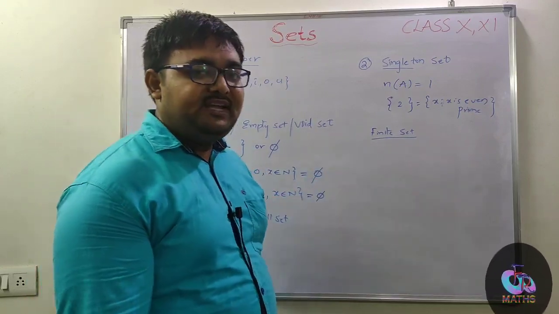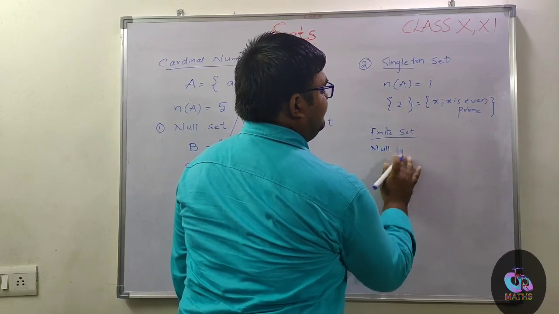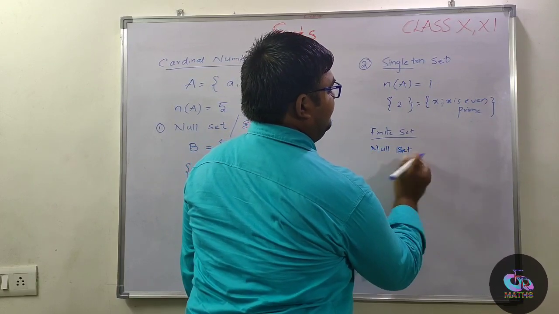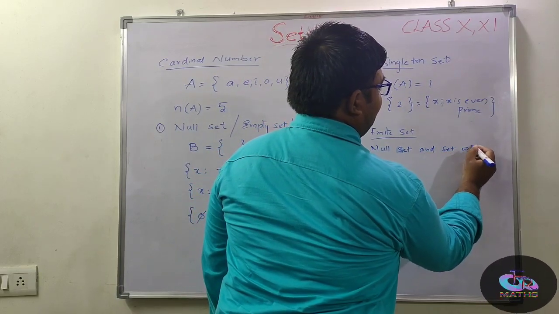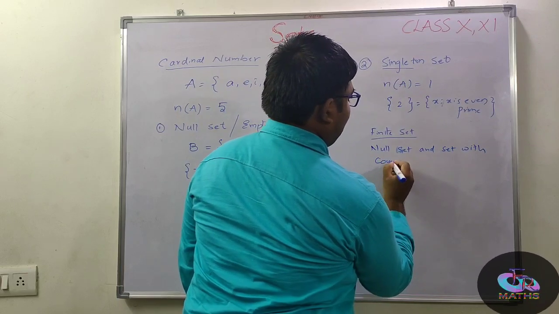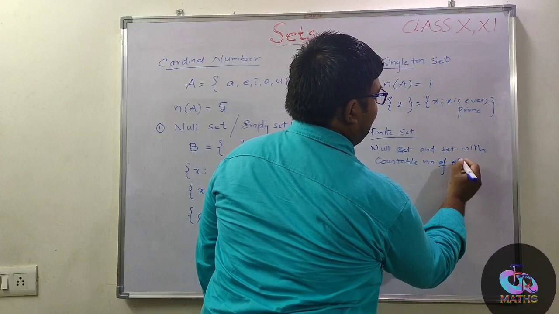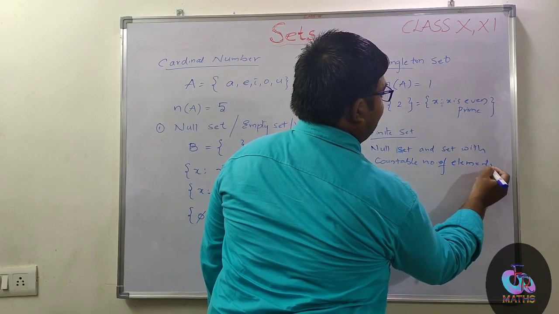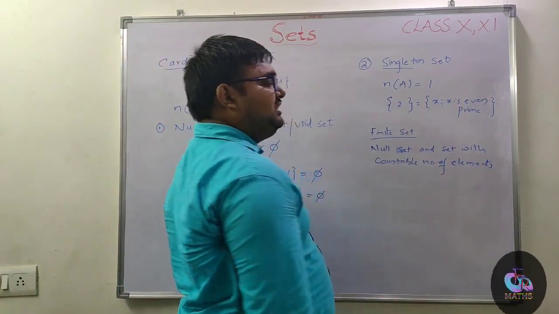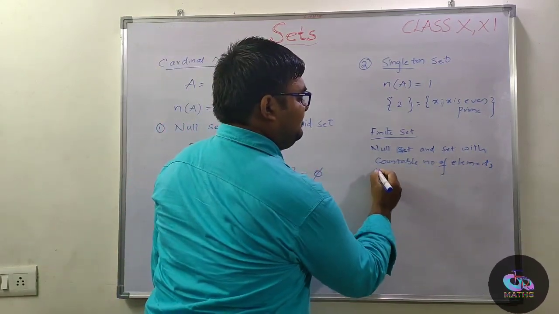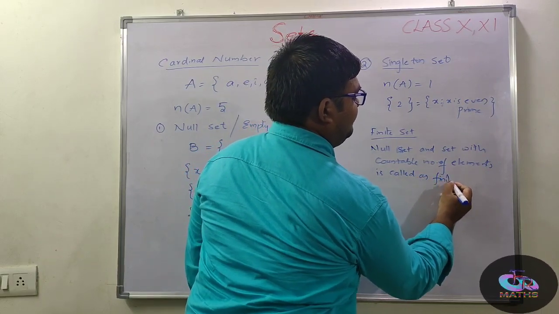So from this what I can say, the null set along with sets with a countable number of elements is called a finite set.